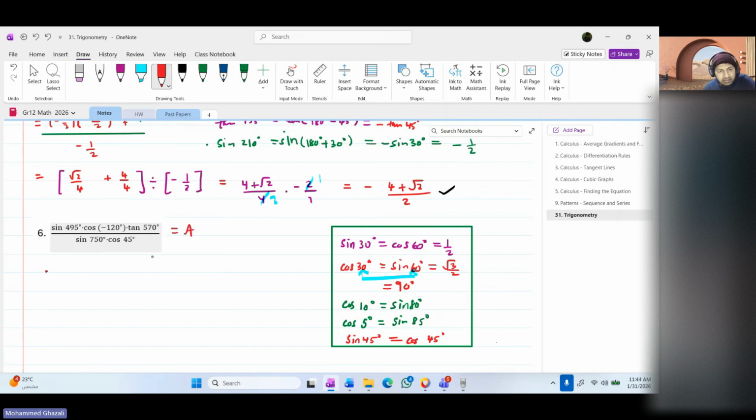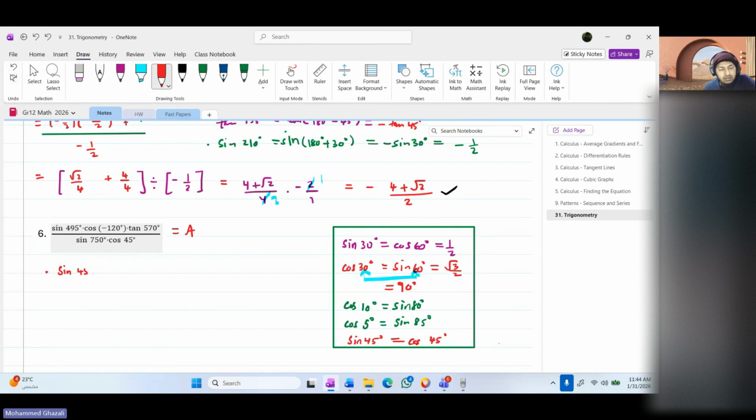Sine of 495 is equal to sine 135. So we brought it down by taking out one revolution, minus 360, right?